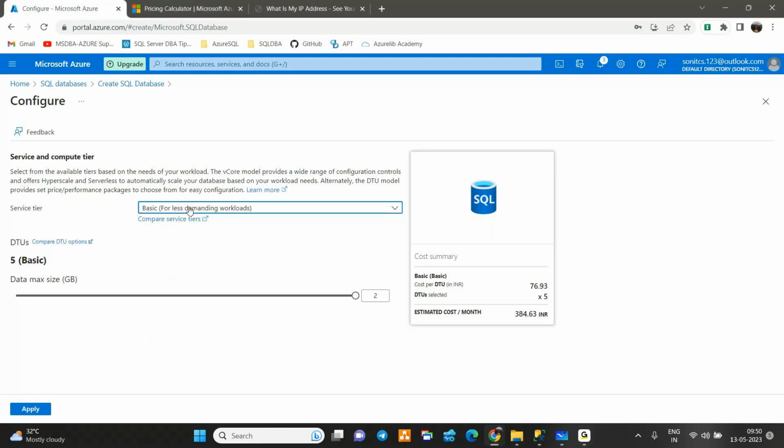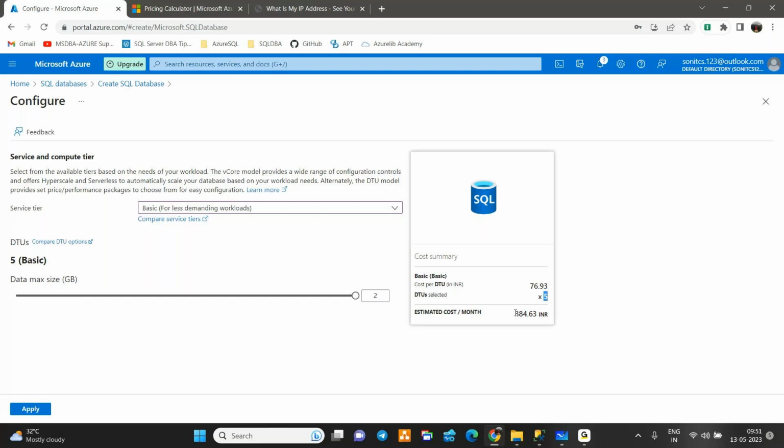If you go for Basic DTU, the minimum price Microsoft charges is 384 rupees per month, almost $5. Microsoft charges this for Basic DTU with 2 GB of database size and 5 DTUs.